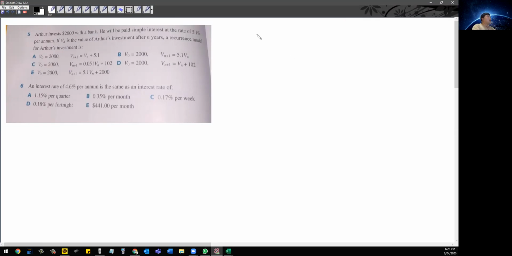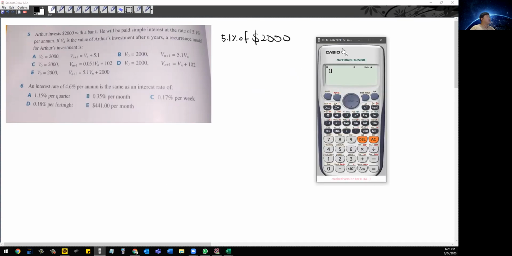Isabel, I want you to calculate 5.1% of $2,000, please, using a calculator. I'll give you a clue if you're confused. It's $2,000 times by something, and that number is related to this number here.